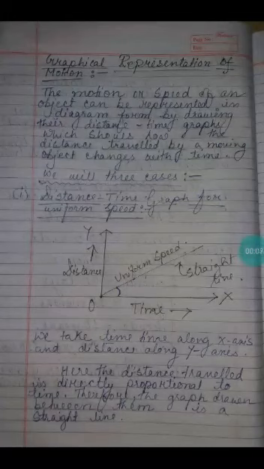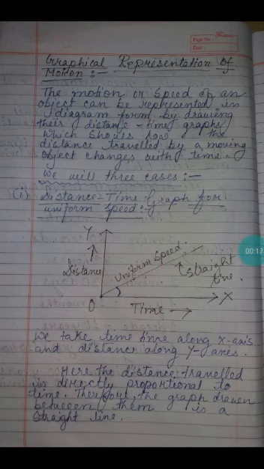Okay, so students, now we'll move forward to our next topic, that is graphical representation of motion. Okay, let's see what is in it. The motion or speed of an object can be represented in diagram form by drawing its distance time graph, which shows how the distance traveled by a moving object changes with time.